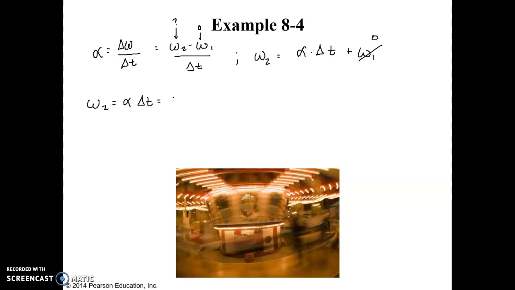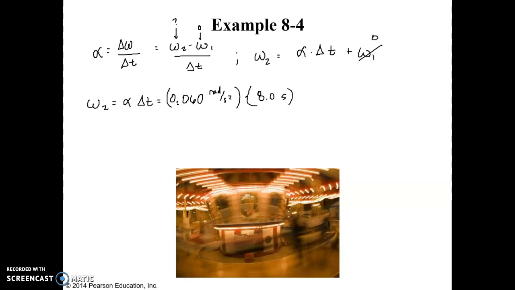So that is 0.060 radians per second squared, and our time was 8.0 seconds.